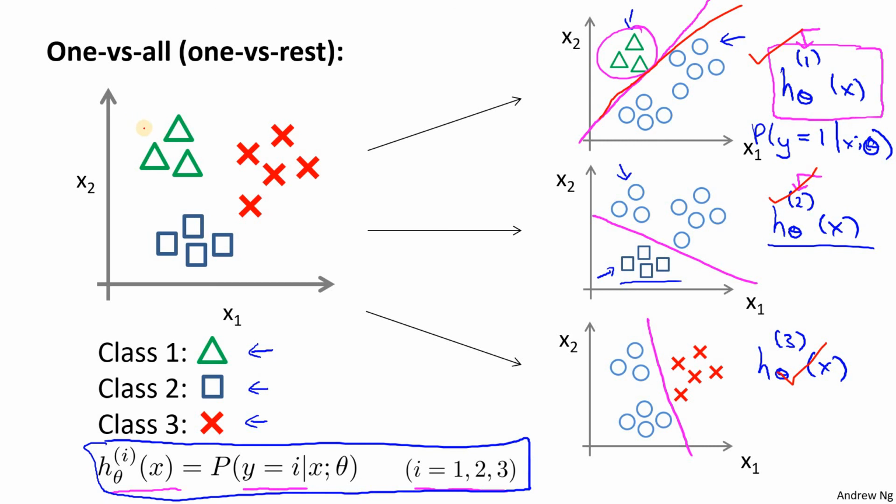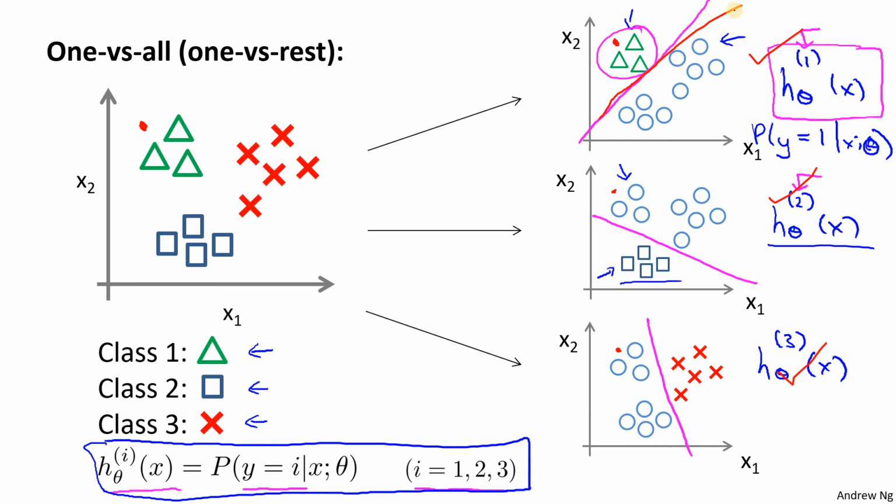So for example, a new value comes and lies over here. Now when my model has been trained, I ask each model to give me the answer.